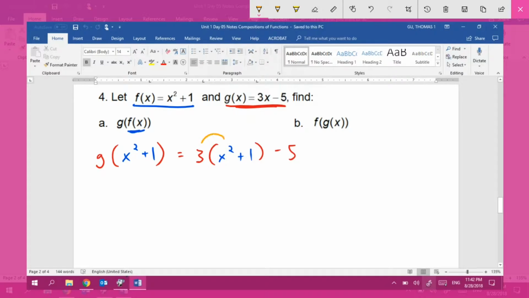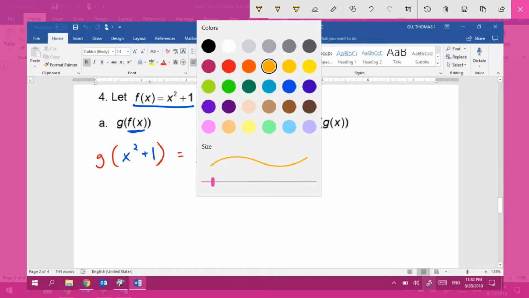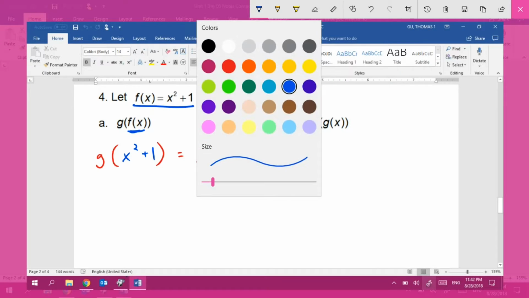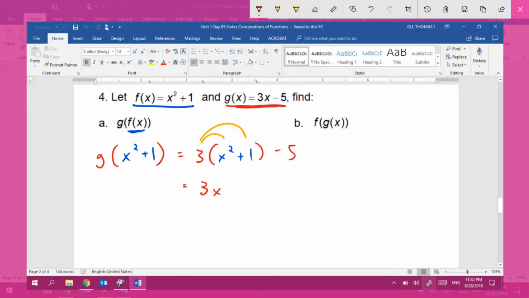So 3 times x squared, 3 times 1. What is 3 times x squared? That's going to be 3x squared. And what is 3 times the 1? That's just 3, so plus 3. And then we bring down the minus 5. Now we just need to combine like terms. Do we see any x squareds besides this 3x squared?